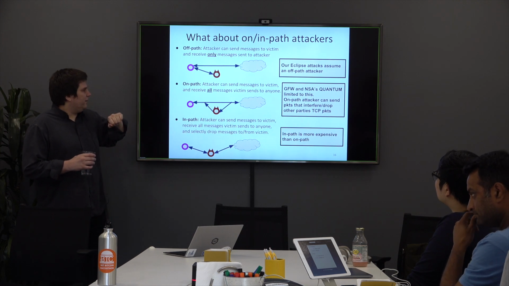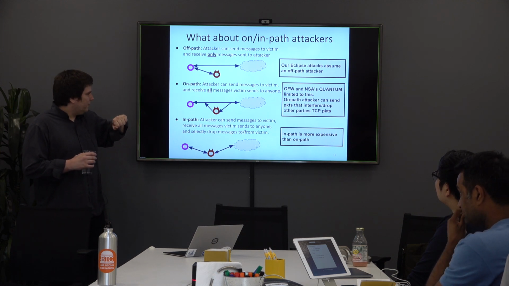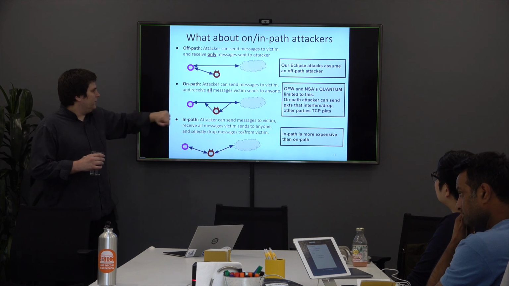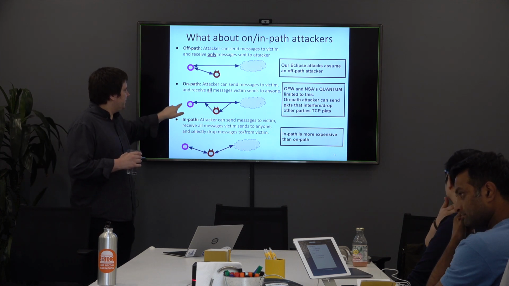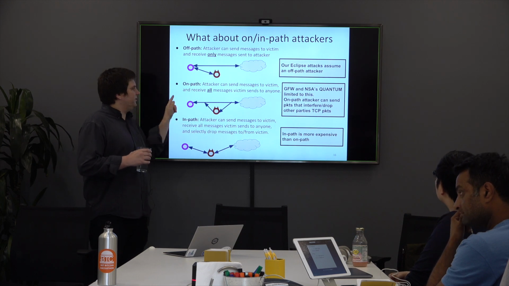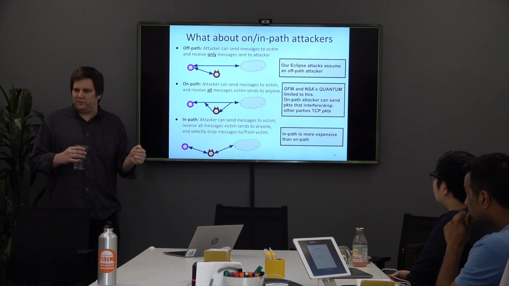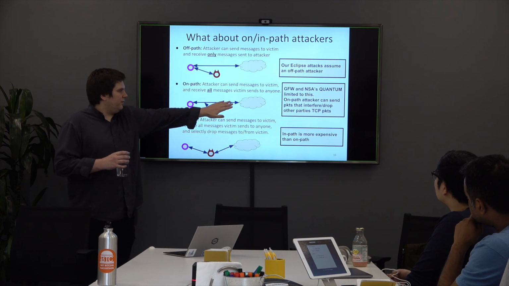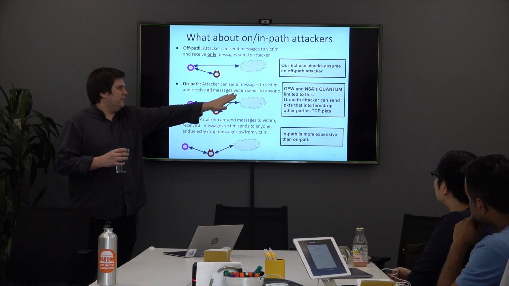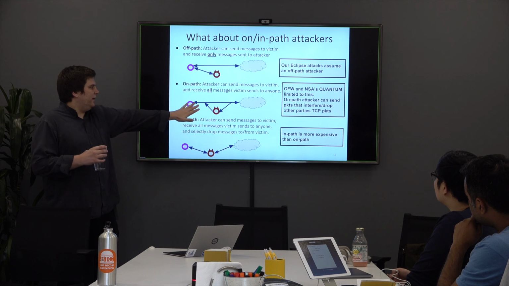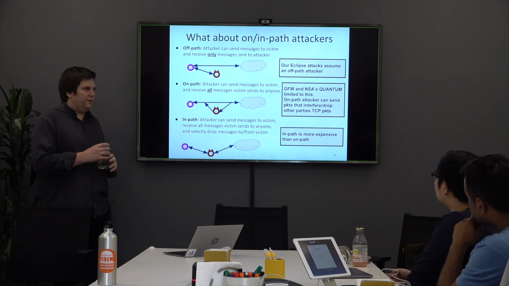An on-path attacker can send messages to the victim and receive all the messages that the victim sends to anyone, but it can't actually interfere with those messages. And for the most part, the Great Firewall and NSA's quantum program are limited to this.